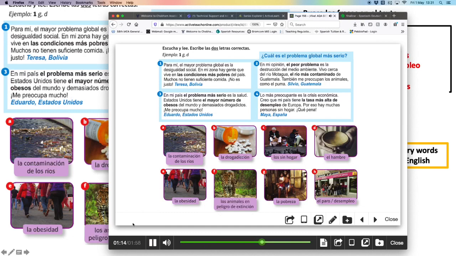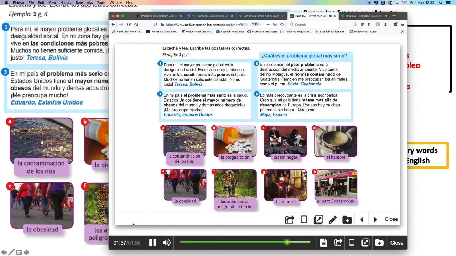En mi país, el problema más serio es la salud. Estados Unidos tiene el mayor número de obesos del mundo y demasiados drogadictos. Me preocupa mucho.